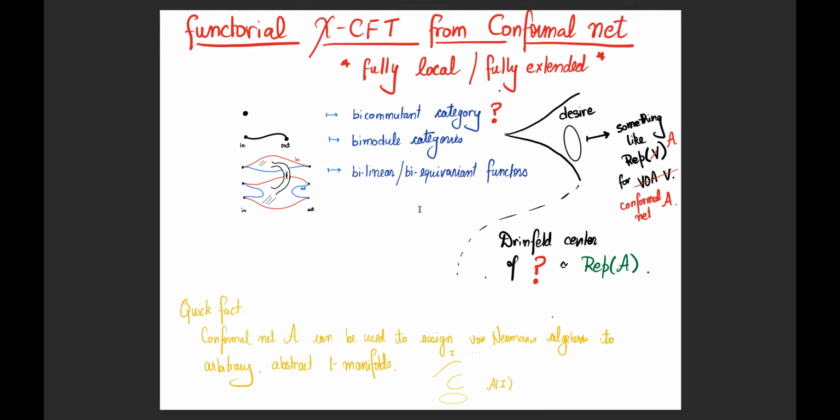Now this was all designed so that I could have a 3-categorical analog of TensCat, because one of the reasons is that we know that to the circle, for Reshetikhin-Turaev derived theories and for chiral CFTs, we want to assign something like the representation category of the VOA.